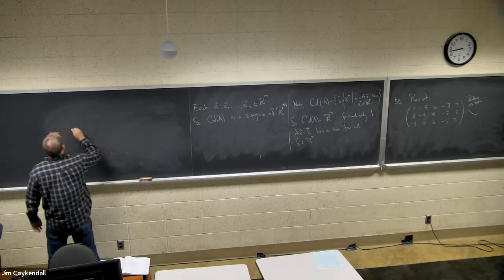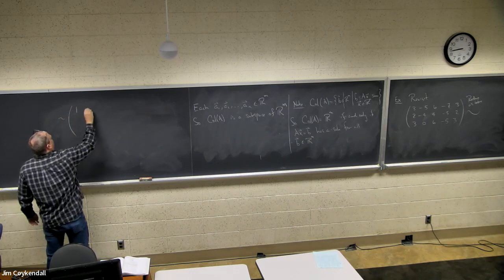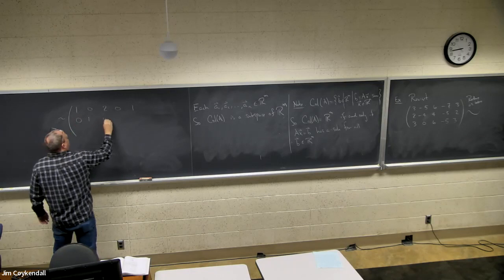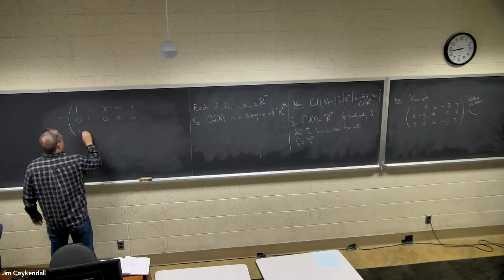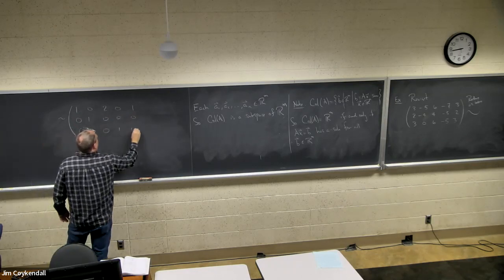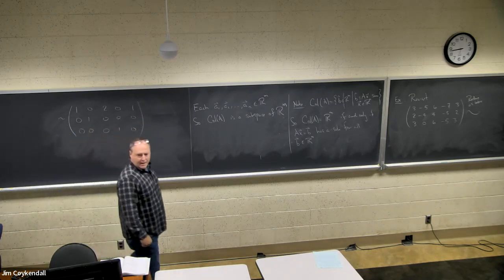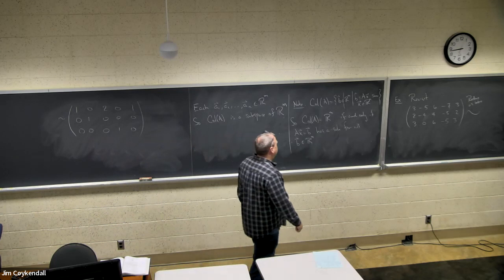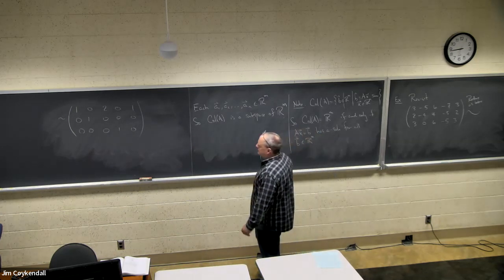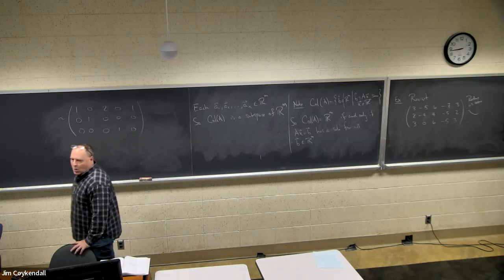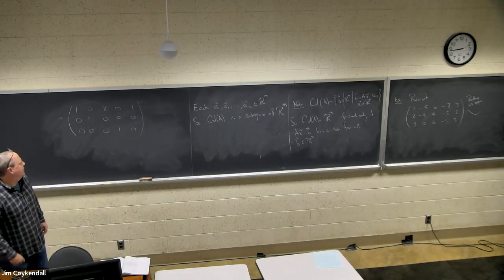And I think the matrix we got was... now, what are the pivot columns?